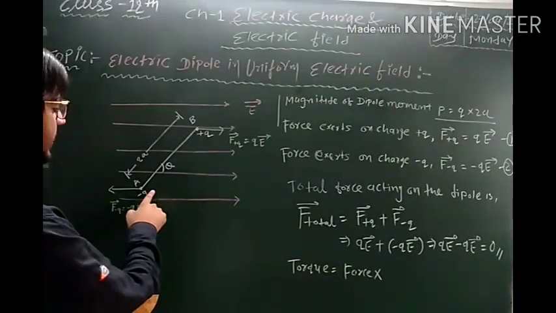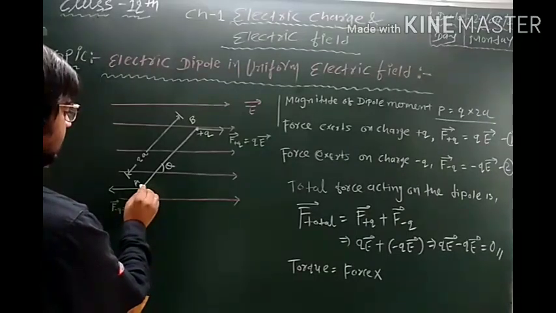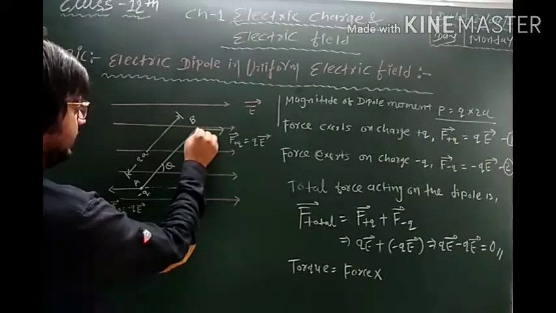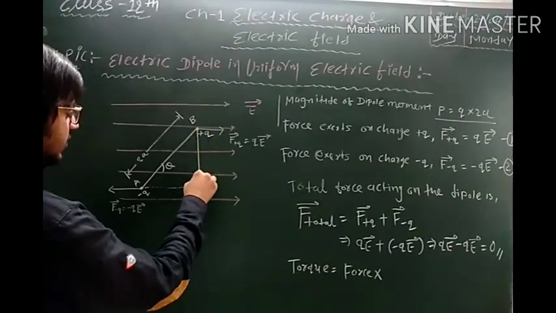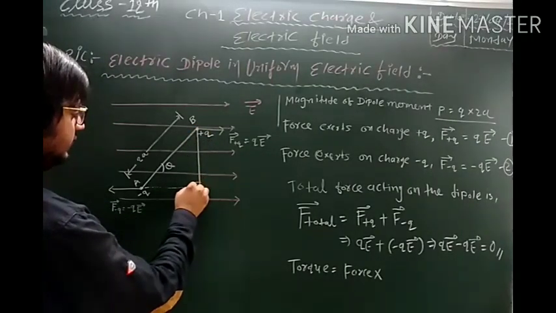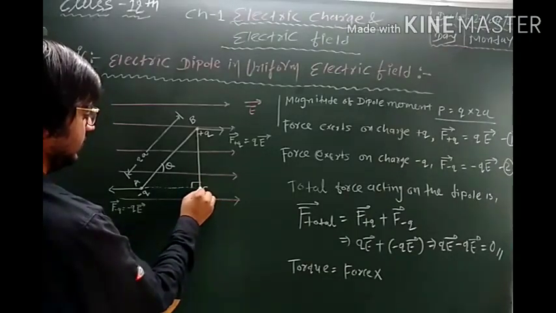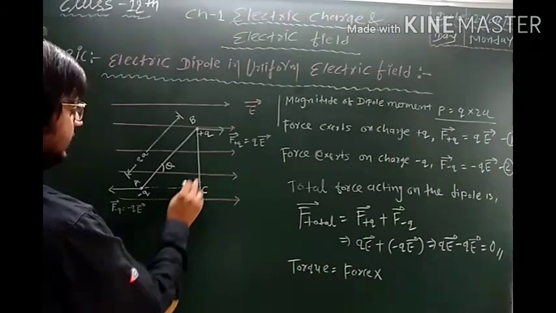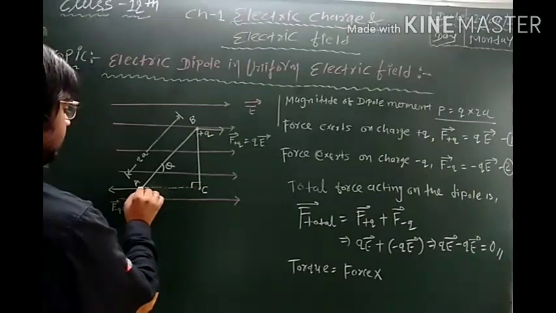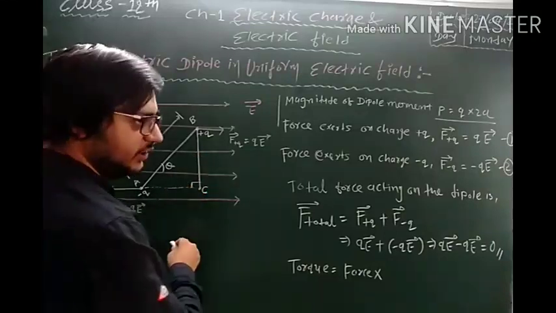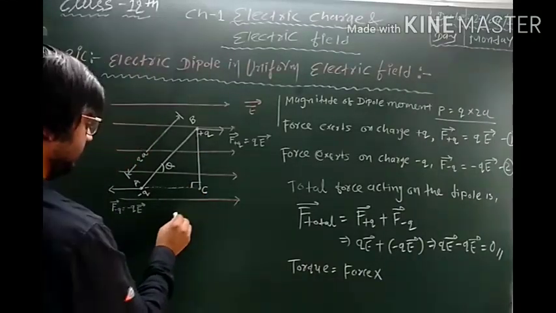How can we define the perpendicular distance? Here we draw a perpendicular to the electric field, name this point C, and then we get the perpendicular distance between the minus q charge and the plus q charge.